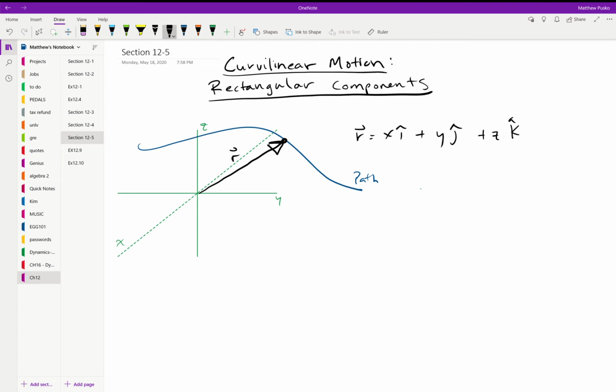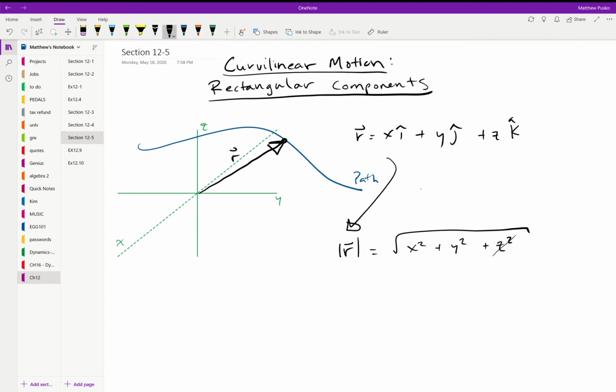Okay, so if we have that position vector, we can find out what the magnitude is by taking the square root of the x component squared plus the y component squared plus the z component squared. And if there's no z component, just don't put it in there.